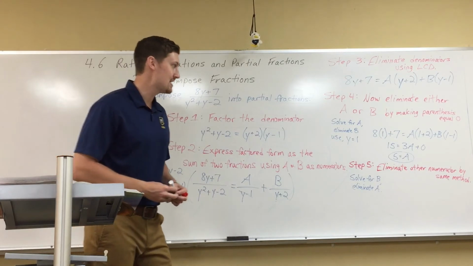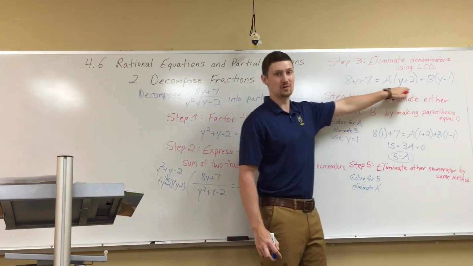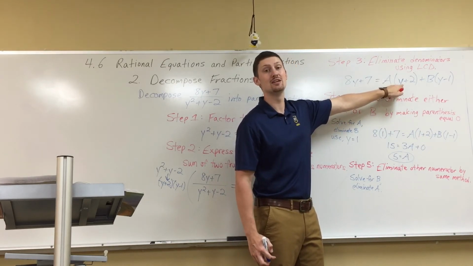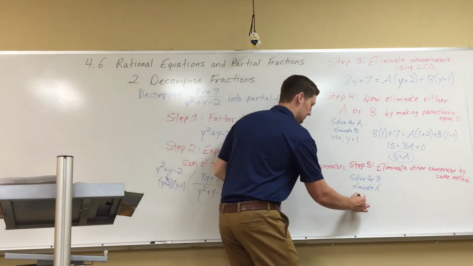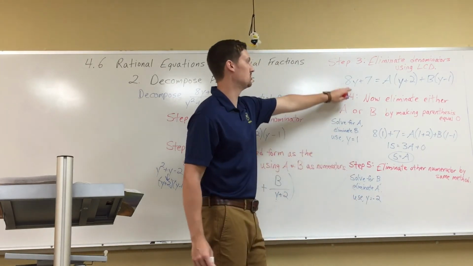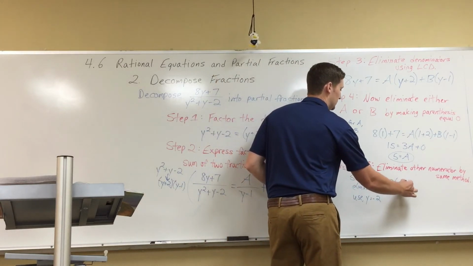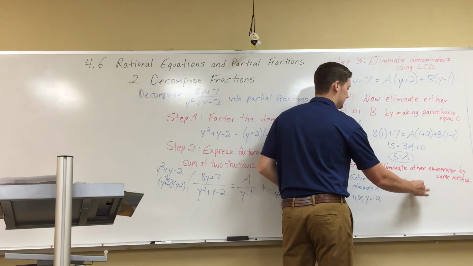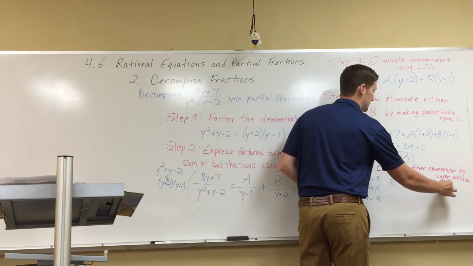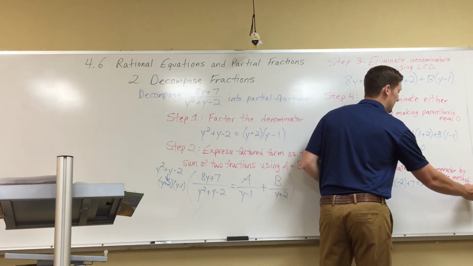How do we eliminate a? Again, back to our original here. How do we eliminate a if we're solving for b? How do we get a to be 0? y has to be -2. Let's plug in -2 for each spot of y. 8 times -2 plus 7 equals a times -2 plus 2 plus b times -2 minus 1.